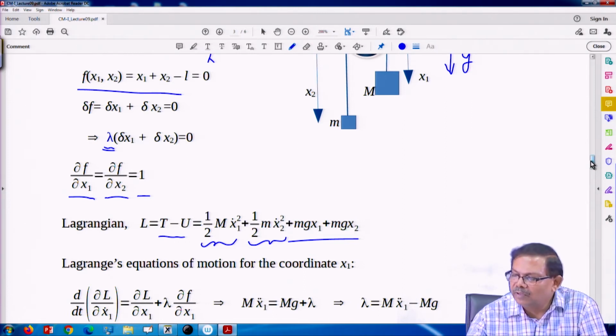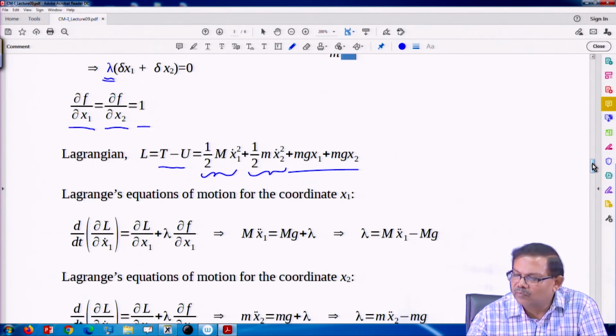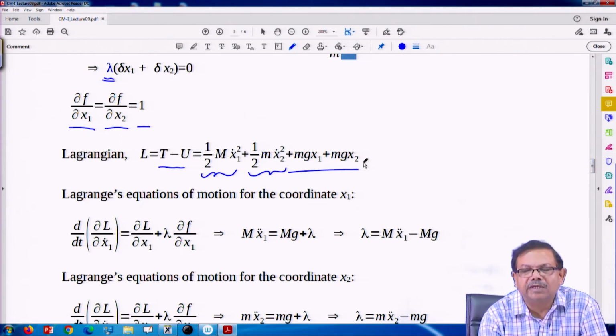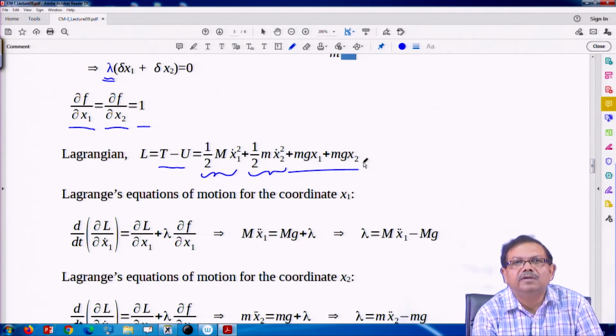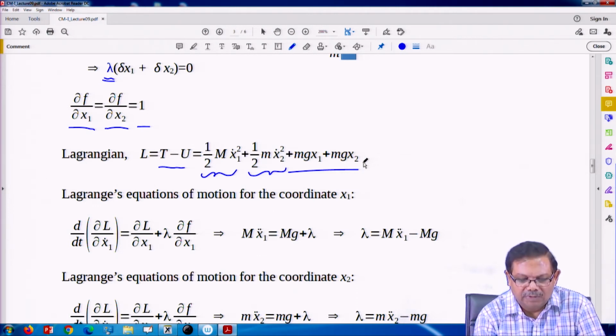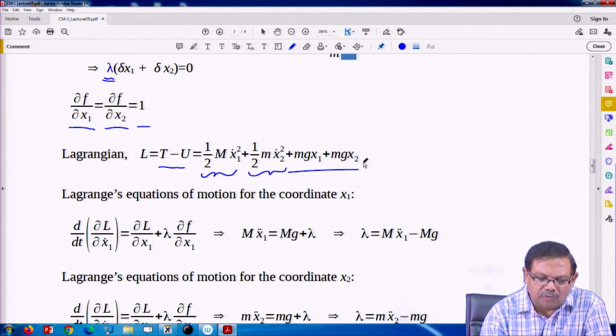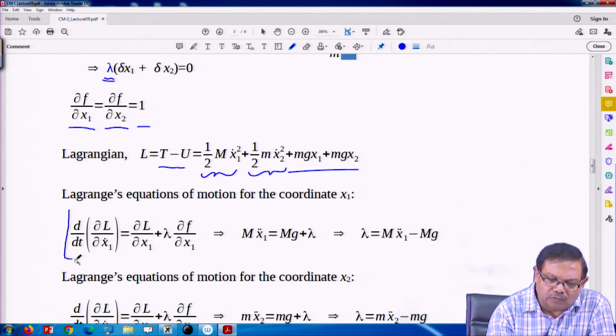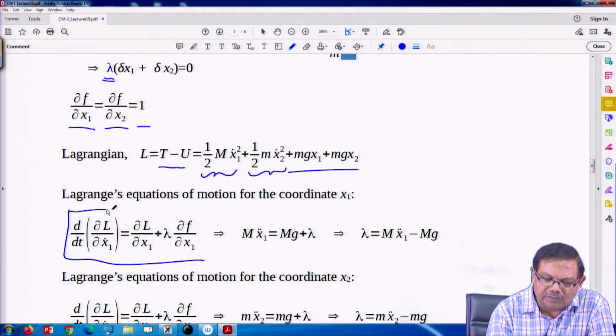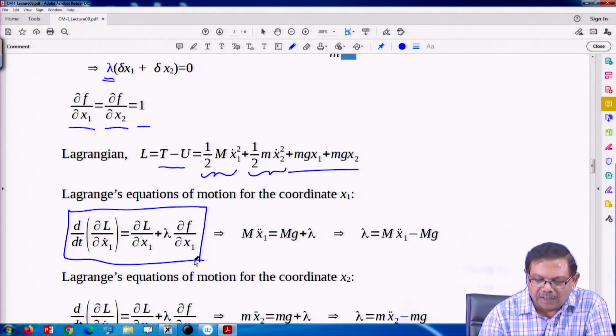Now, we have to find Lagrange's equation of motion. As x 1 and x 2 are not independent here, x 1 plus x 2 is always a fixed length, so my equation of motion has been modified now. In the first Lagrange equation of motion, I have an extra term.